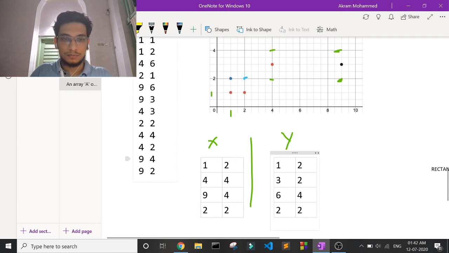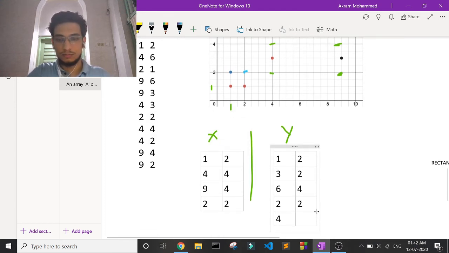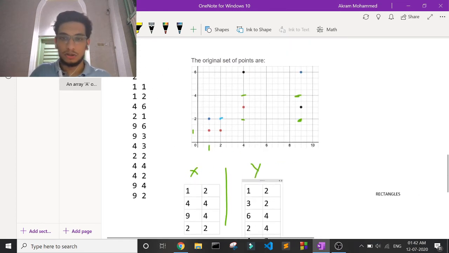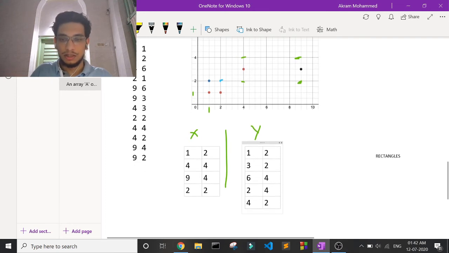Now let's go to the y side. On the y side we have 2 4s, and then we have 2 2s. We already had 2, so now this becomes 4, right? So this is the situation right now. Everything is even. All the number of occurrences are even, right?